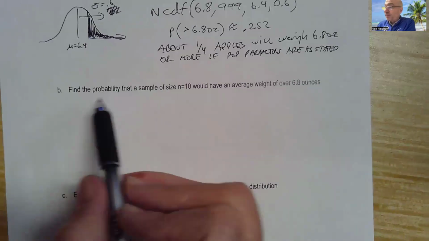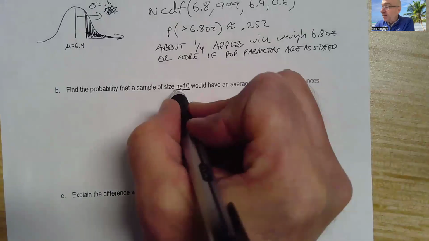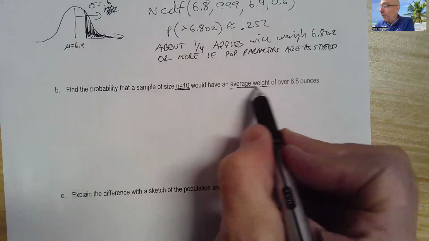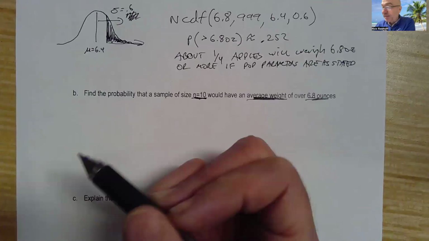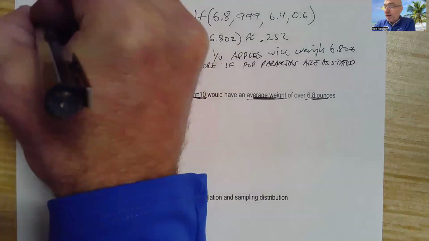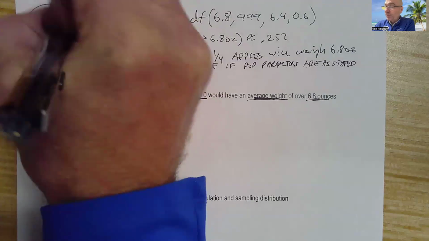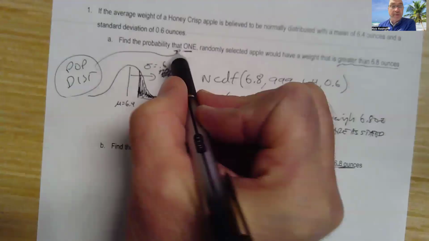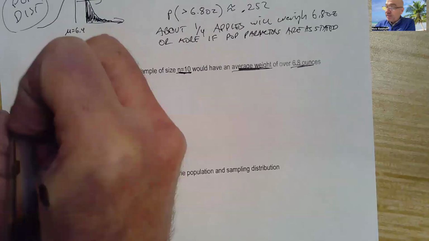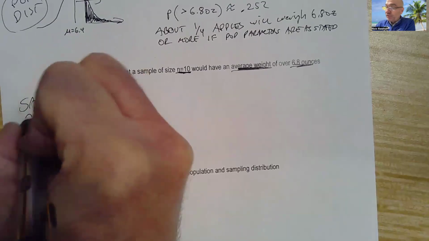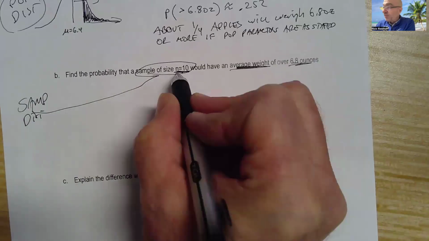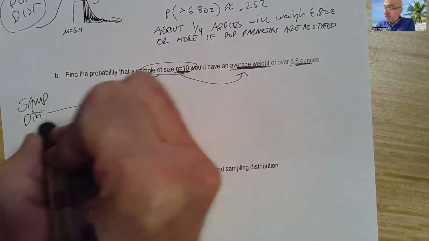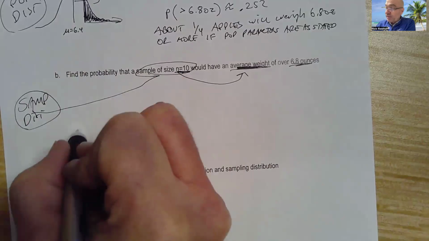All right. Find the probability that a sample of size 10 would have an average weight of over 6.8. Now we are using a sampling distribution. So this was the population distribution, right? Because we have one apple, right? Now this is a sampling distribution because we're taking a sample and finding the average weight. Okie dokie. So things are going to change.